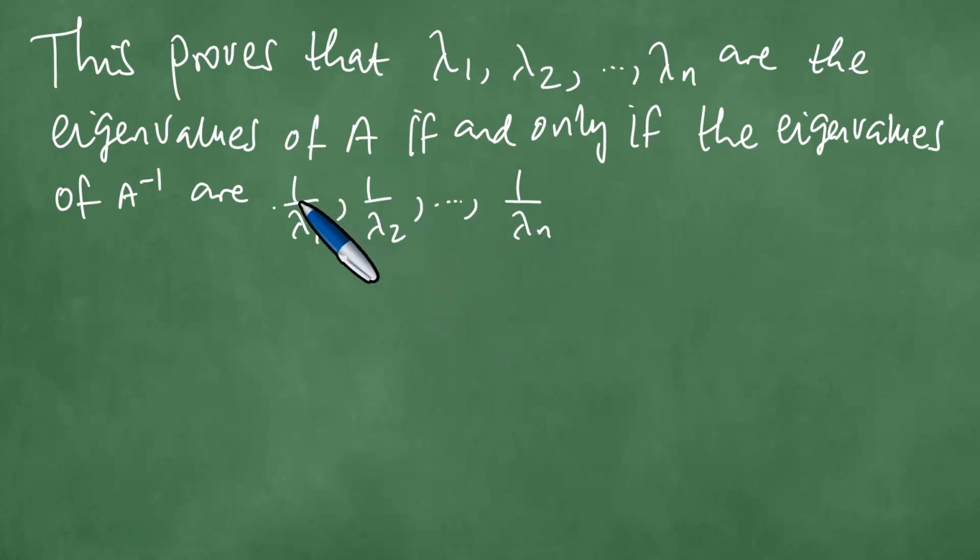So to get the eigenvalues of the inverse matrix, you just reciprocate, making those eigenvalues 1 over lambda, and they will then be eigenvalues of the inverse matrix.